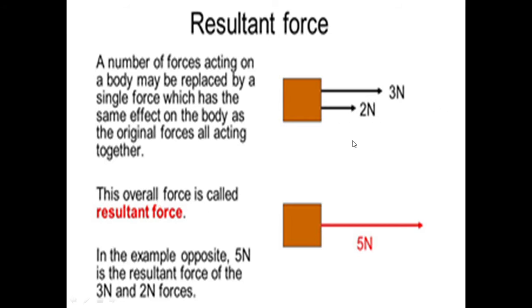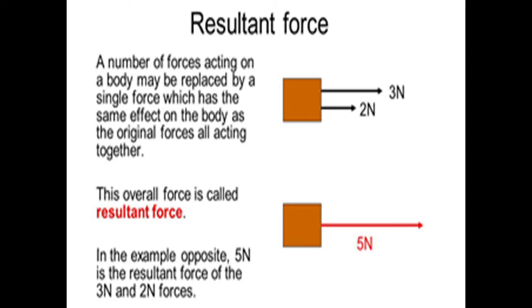Right, now look at this picture. You can see an object and two forces are applied on this object. One is 3 Newton and the other one is 2 Newton, two parallel forces. Right, what is the resultant of these two forces? Instead of these two forces, we can apply a single force.